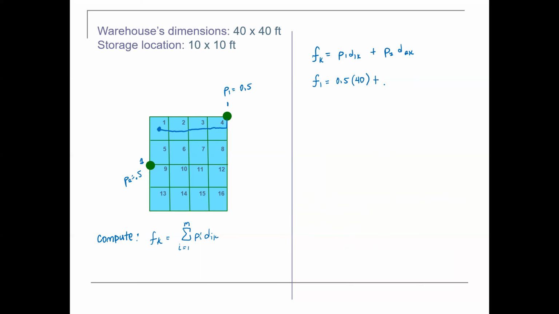Now I have to compute the distance from that location to the exit door. So we have 5, 10, 15, and 20. So the probability of exit is also 0.5 or 50%. And this times 20, this is going to be equal to 30.